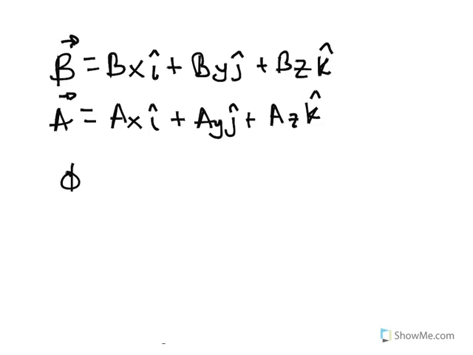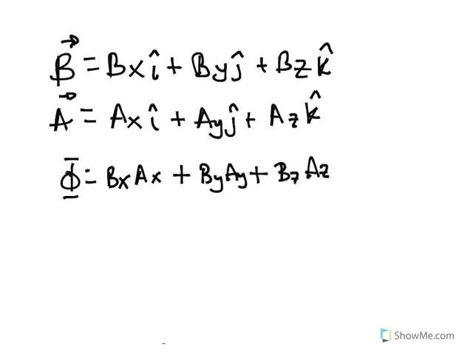In the dot product we only have to multiply component x times component x plus component y times component y plus component z times component z, and this will give me a number which is a scalar.